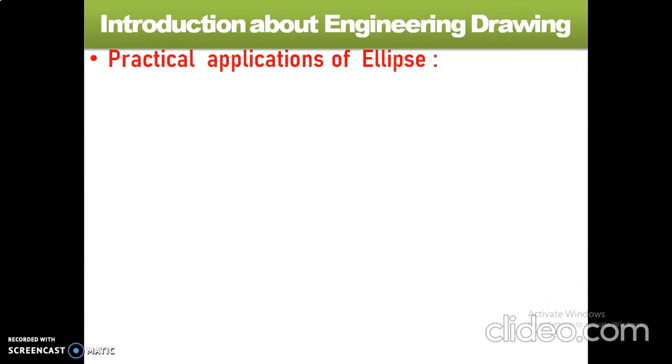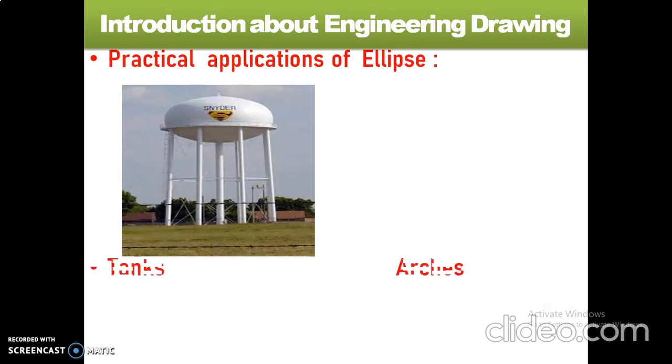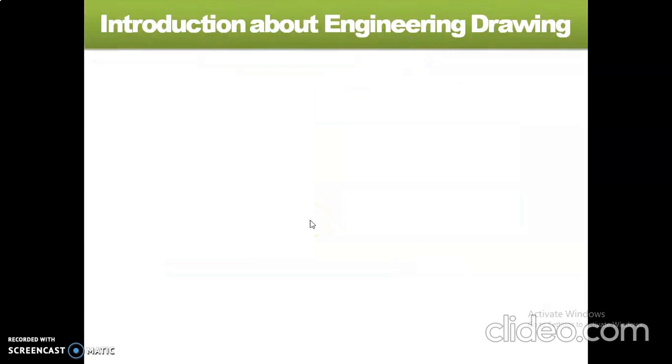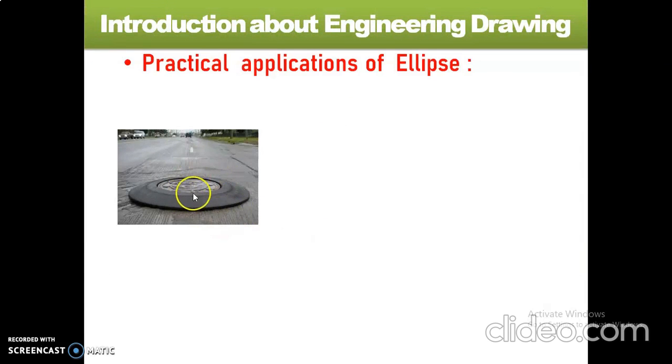Next, water tanks, arches. This is a natural arch. In the construction of manholes, this is a manhole. It will be in an elliptical shape.